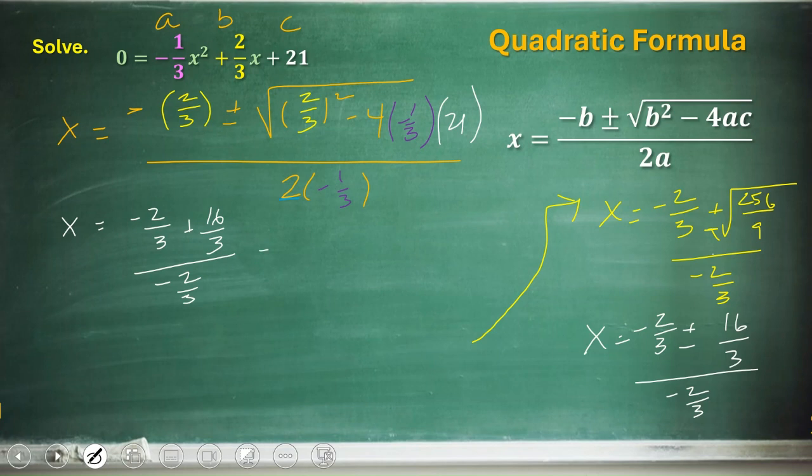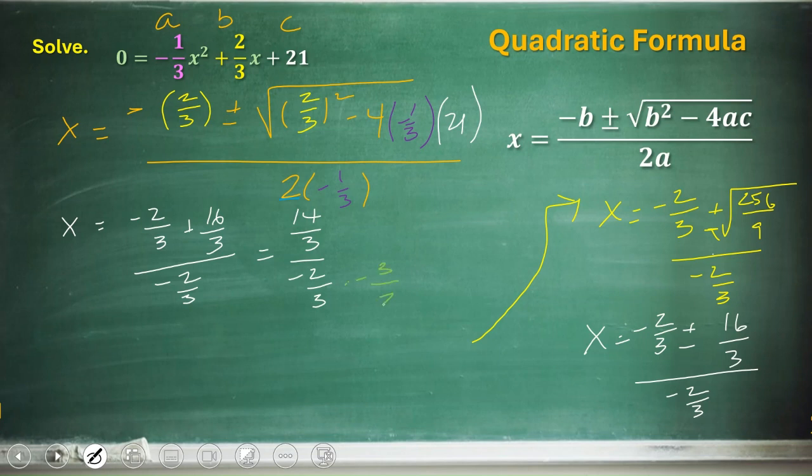So again, we're adding and subtracting fractions in the numerator. So we keep the denominator, which is 3. So we have negative 2 plus 16, which is positive 14, all divided by negative 2/3. The way that I like to deal with fractions is I like to multiply by their reciprocals.